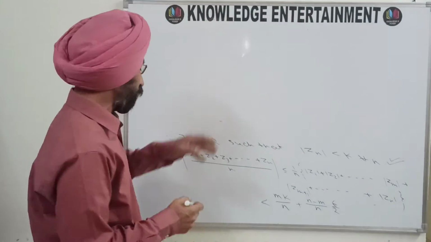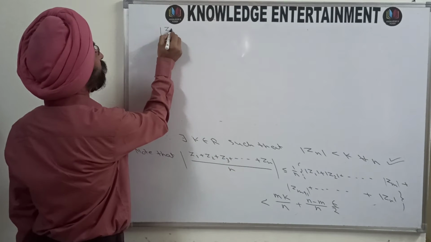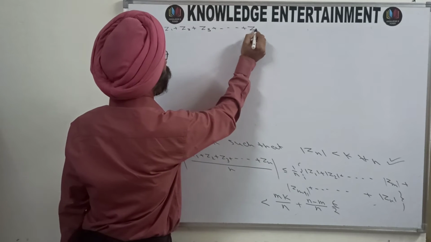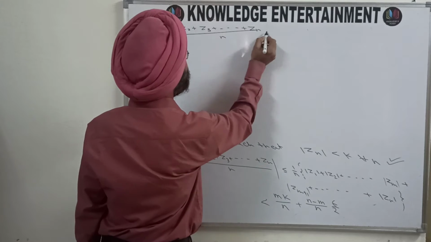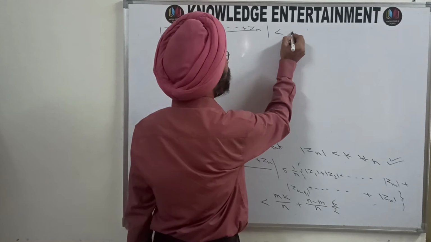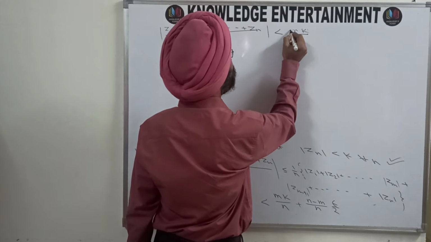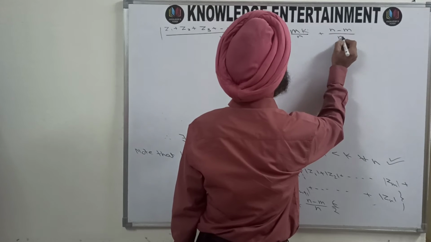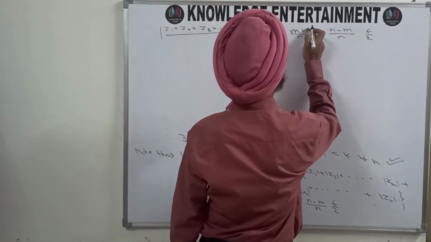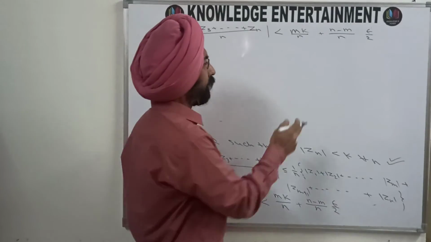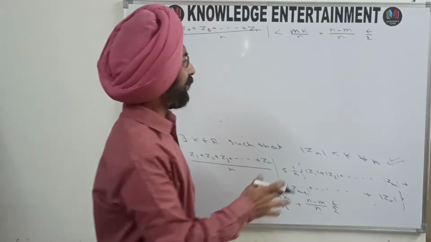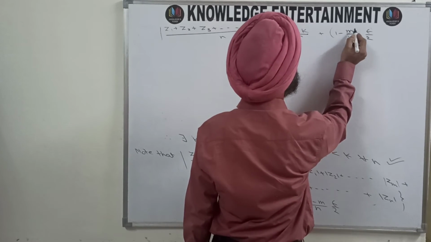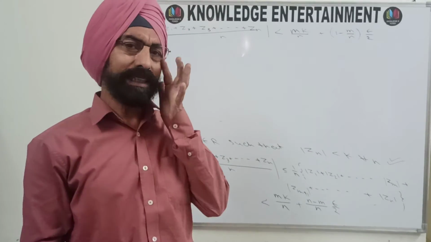I am going to write this result once again here: mod of Z1 plus Z2 plus Z3 plus and so on, plus Zn, divided by n, is less than mk by n plus n minus m by n times epsilon by 2. Now this n minus m upon n, I can write it as 1 minus m by n.